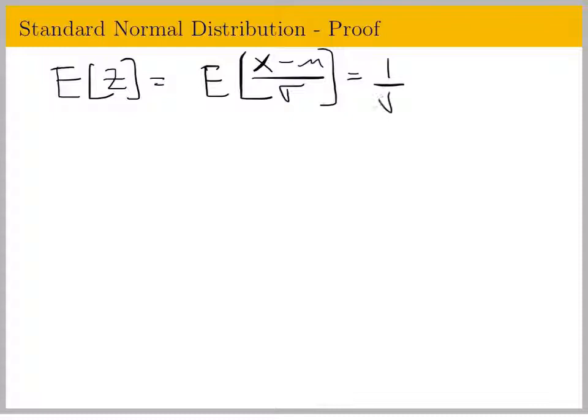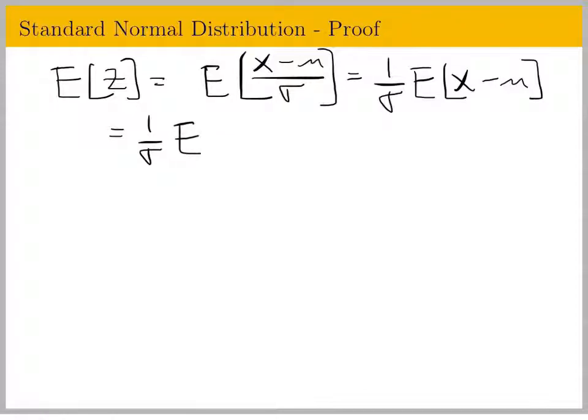So what we do is we pull out the sigma. We say that's 1 over sigma times the expected value of X minus mu. And continuing, we can distribute the expectation through that sum. We call it a sum even though it has a negative value here. It's just a sum of X plus negative mu.